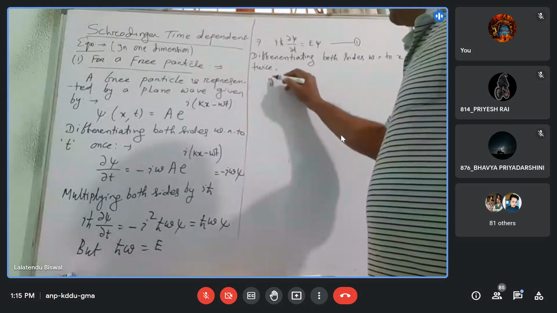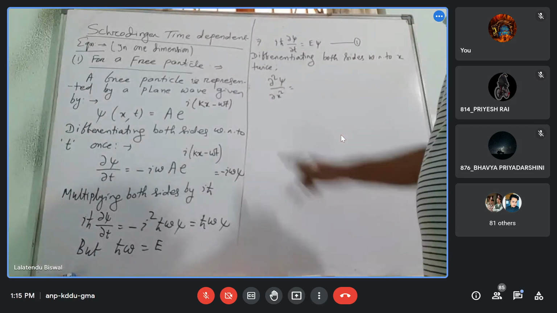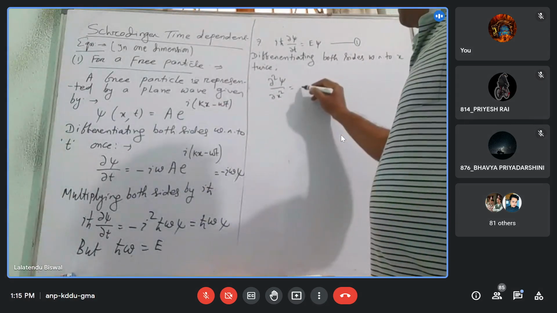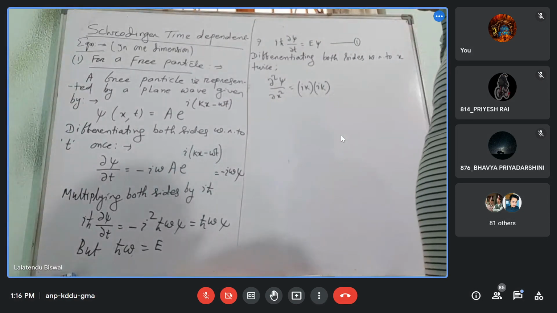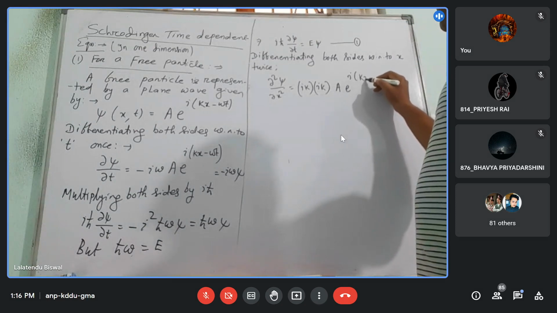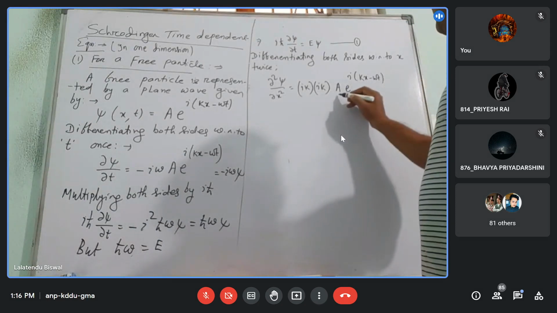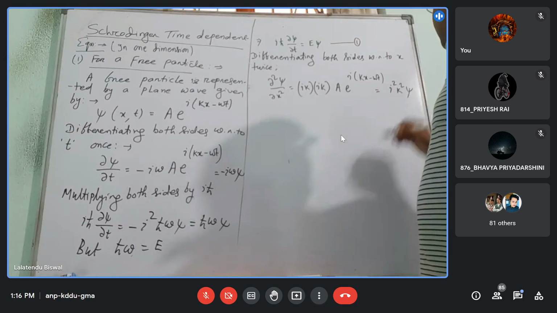So del square psi by del x square, since you are taking the derivative with x twice, i will come twice, and then it will be A e to the power i(kx minus omega t), and this is equal to psi, so i square k square psi.